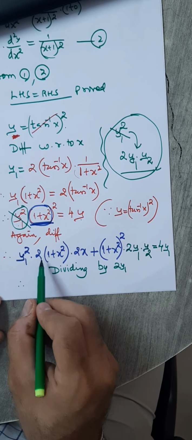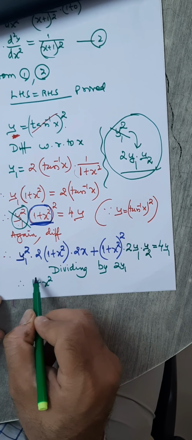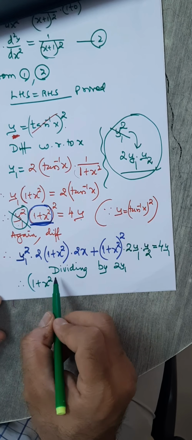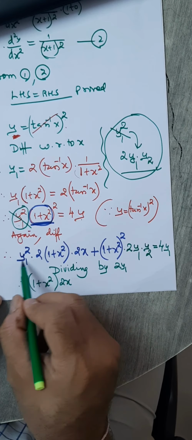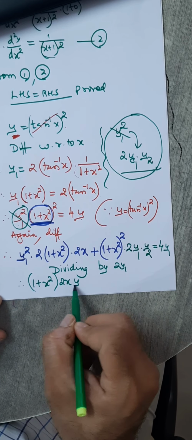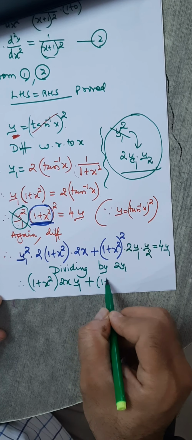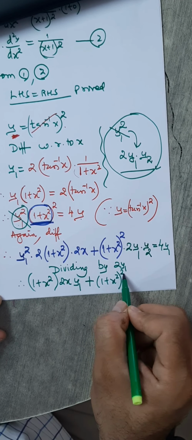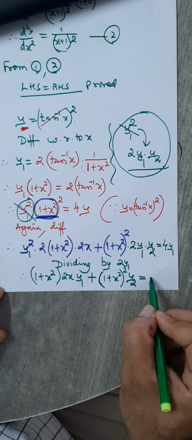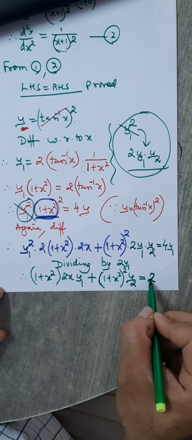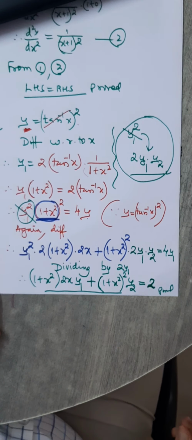So here 2y1 will get cancelled, so we'll get (1 plus x squared) 2x, 2 goes away, y1 goes away, so we'll get just y1 here, plus this one goes away, so (1 plus x squared) the whole square into y2 equals just 2. This is just 2, and this is what you wanted proved. This one you want.